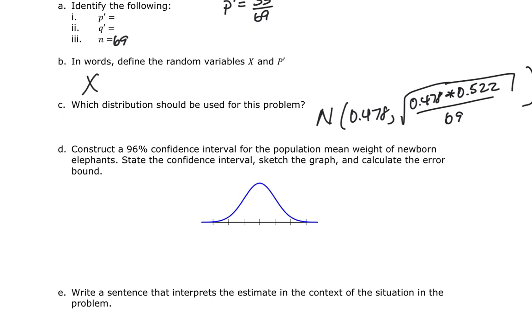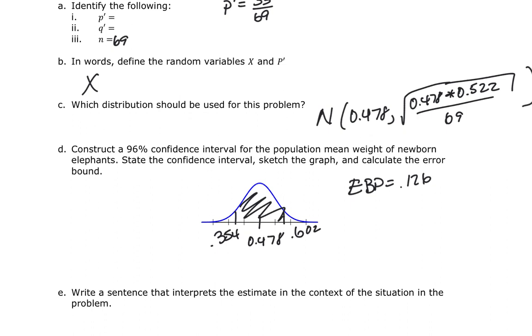95% confidence interval, what would it look like? Well, since I know that my mean is 0.478, I found my EBP to be 0.126. That means I'm going to go down to 0.354 and I'm going to go up to 0.602. This is the region I'm looking at.